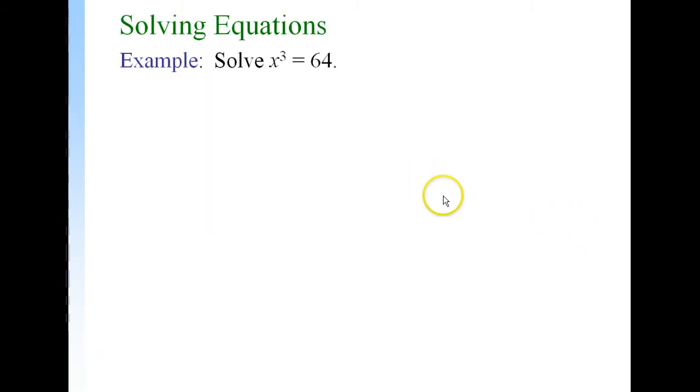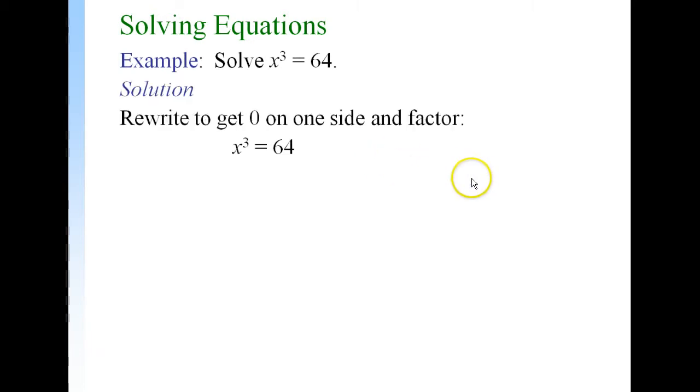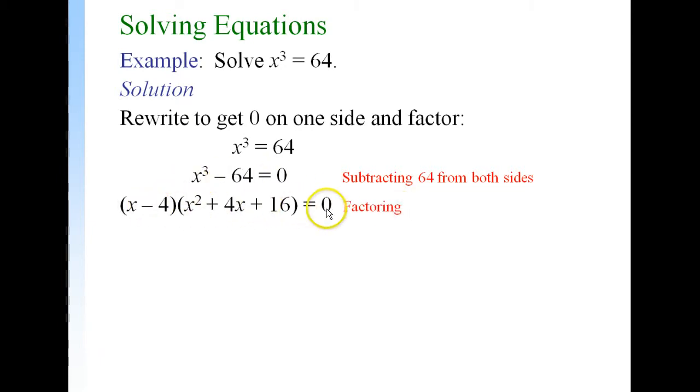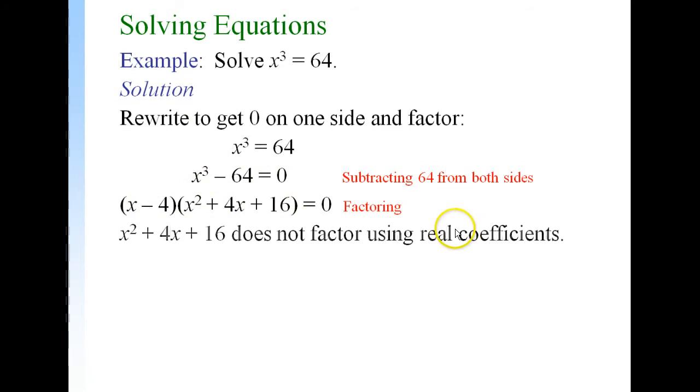So now they want us to solve this equation. Well, actually, there's a couple of ways to do it, but if we do it by factoring, I'm assuming that's what they want us to do. Put it in standard form. This is now standard form, equating it to 0. We factor this side, and we get this. Now, this number here does not factor using real coefficients.